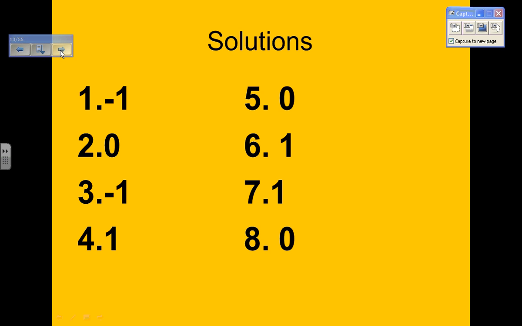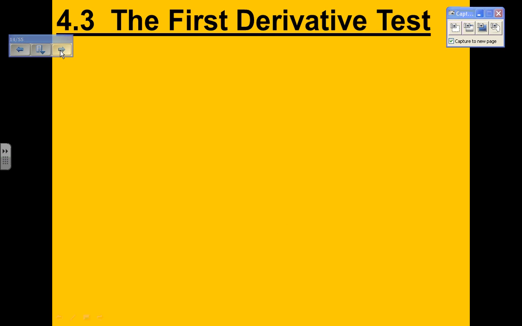But you've got to use those because you're going to be setting trig functions equal to 0 and you have to solve. So you have to know what they are. Also, we're going to be putting test points into derivatives, so you have to know what's positive and negative, 1, negative 1, things like that. Anyway, this is the first derivative test. It has rules, it has hypotheses, things like that.